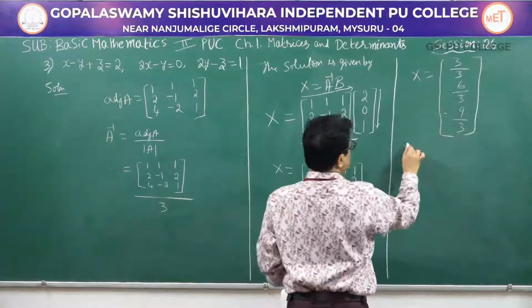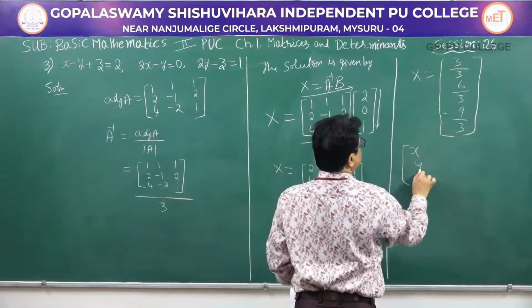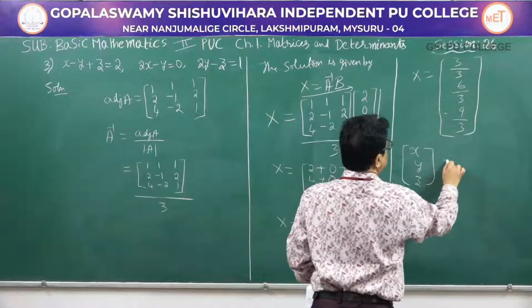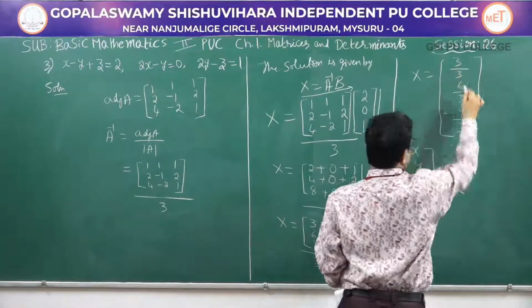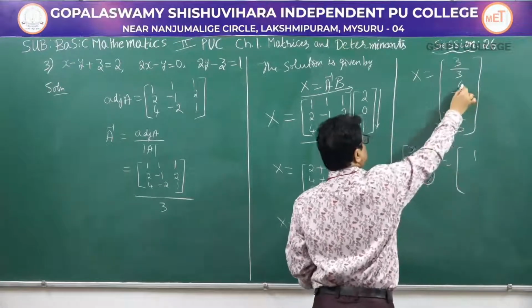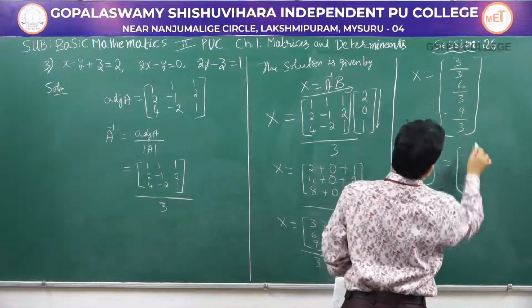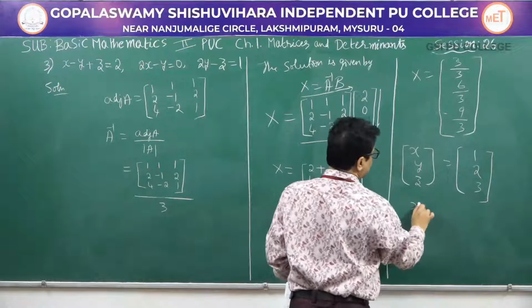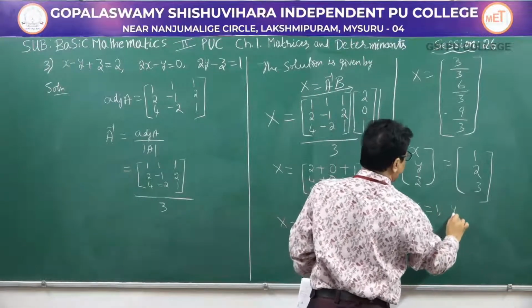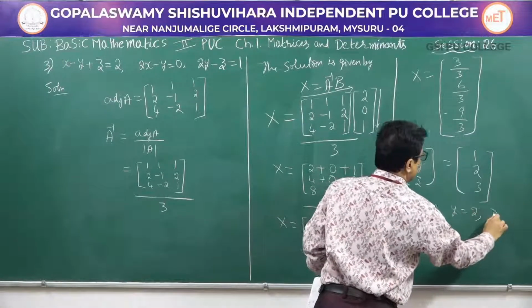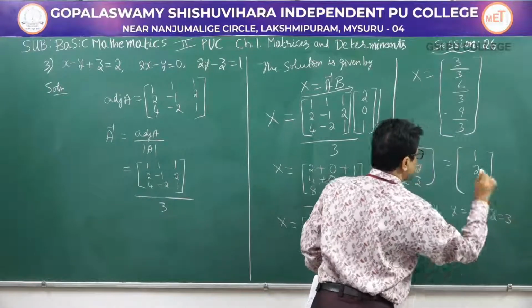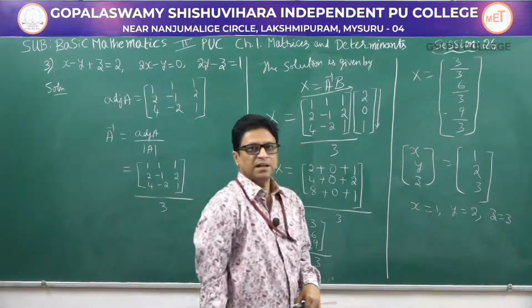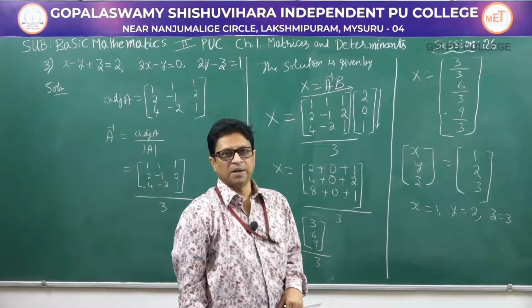So matrix X is nothing but x, y, z. That will be equal to, so 3 by 3 is 1, 6 by 3 is 2, 9 by 3 is 3. Therefore, from equality of matrices, x equals 1, y equals 2, z equals 3. That completes this problem.